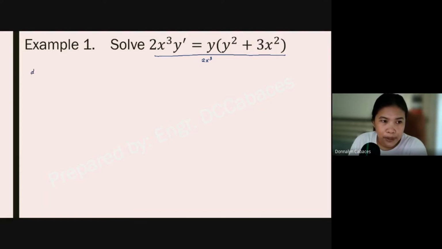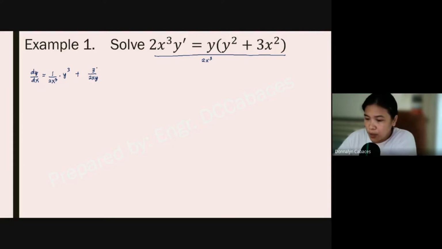So y prime, the derivative of y with respect to x, is equal to 1 over 2x cubed times y cubed plus you have there 3x squared over 2x cubed. So that is 3 over 2x times y.